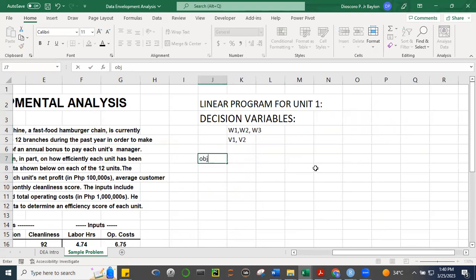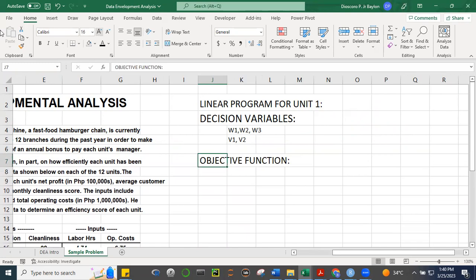And then we have our objective function. What will be our objective function? Maximization. Yes, maximization of what? It has to be a function. What do we maximize?